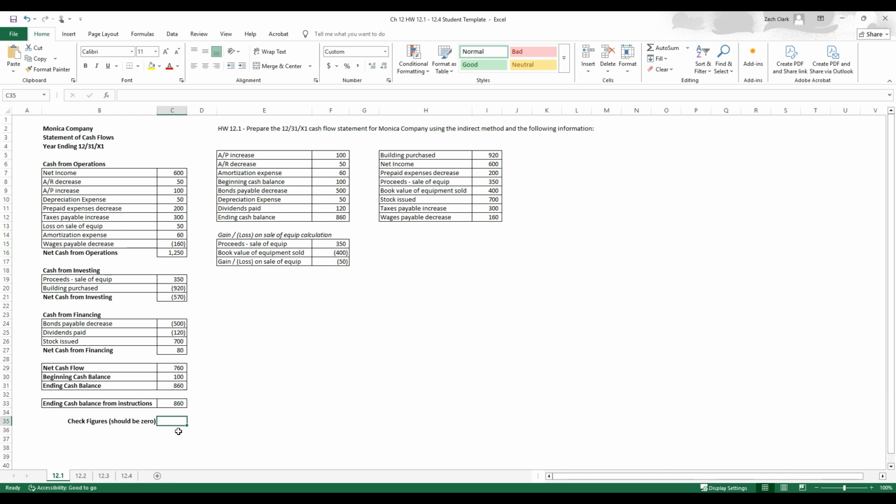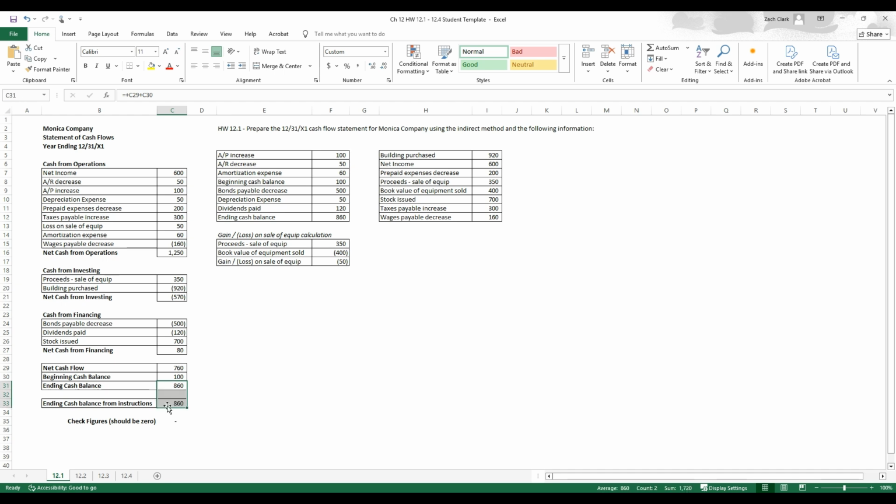And then I included this little check figure spot. I like having check figures. It's a really handy way to make sure your numbers are balancing. It's kind of easy to see in this instance anyway, but I would recommend getting in the habit of having some sort of check figure. So here we can do a formula to say, here's what the instructions told us minus what we actually calculated. And since they're the same, it should be 0. If you did your work right and you balance out, it's like debits having to equal credits.